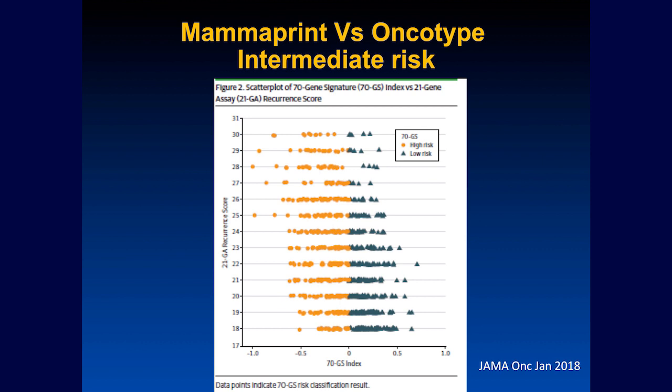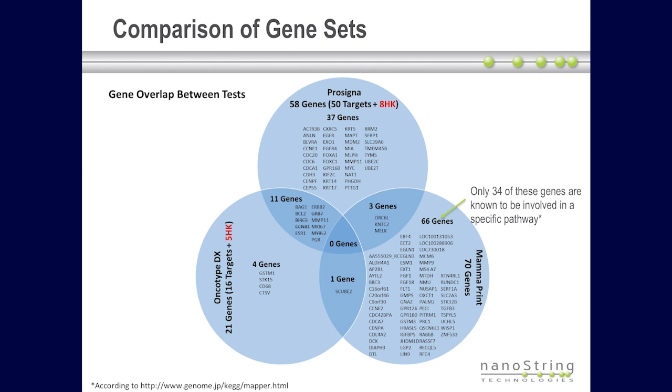In fact, one of the recent papers looked at Mammaprint, that's a 70 gene assay, and the Oncotype DX, that's a 21 gene assay, in patients who have the intermediate risk of Oncotype. If your Oncotype score is between that low risk and the high risk, what would their Mammaprint score be? So on the y-axis is the various Oncotype score.